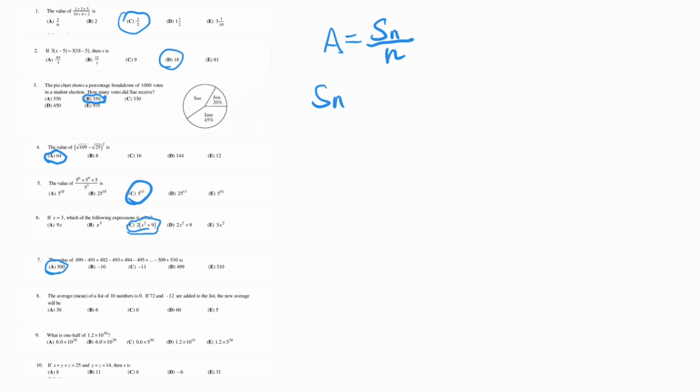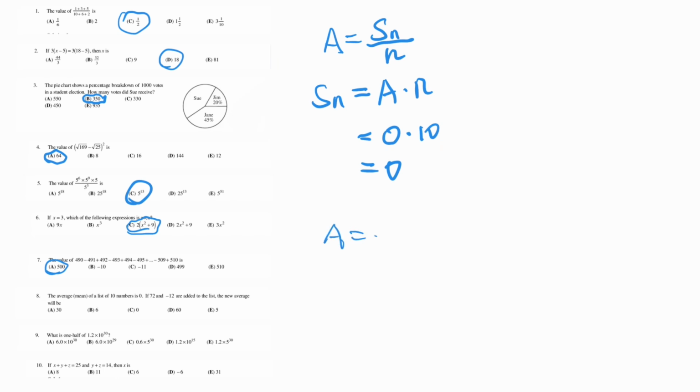Sum of the numbers equals the average times the number of numbers. The question told us the average of the 10 numbers is 0, so the sum is 0. Now they added 72.